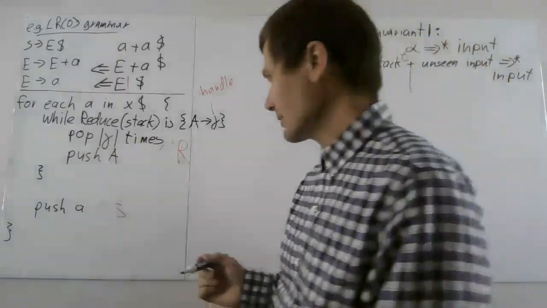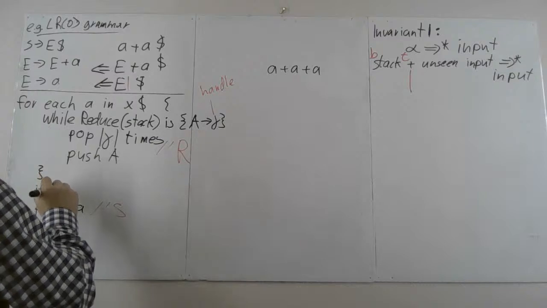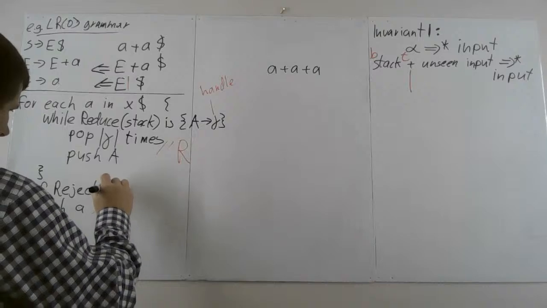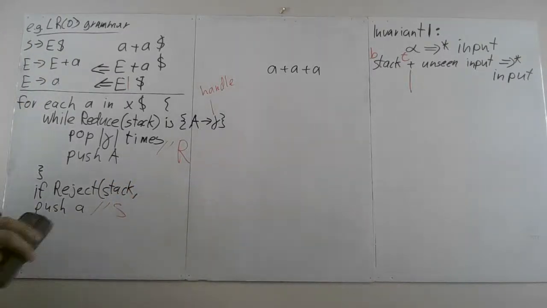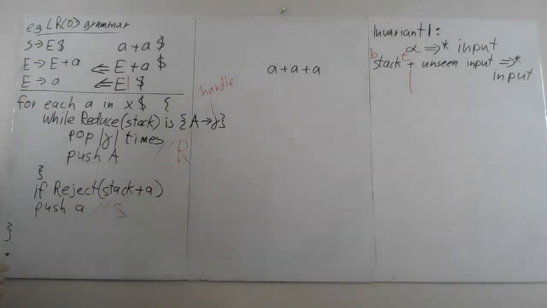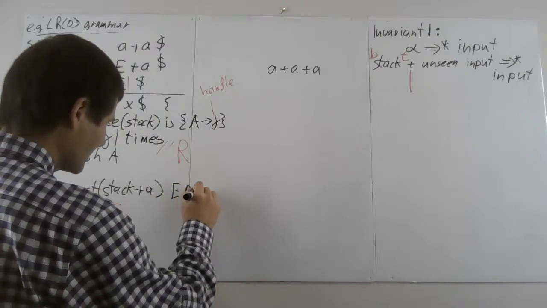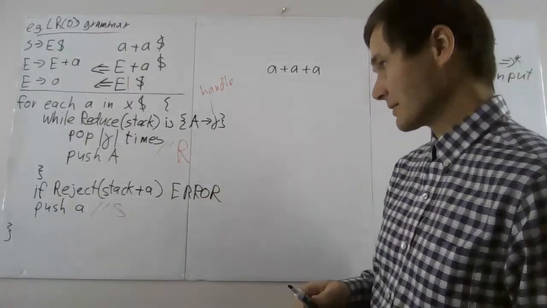And what we're going to do is we're going to put a possible failure right here. And so let me just write the code, and I'm going to say if reject, and reject is going to take the new stack. So it's going to take a string or a sequence that has the stack plus a pushed onto it, and reject is going to be another magic function, and if it says to reject, we're going to give an error here, right?